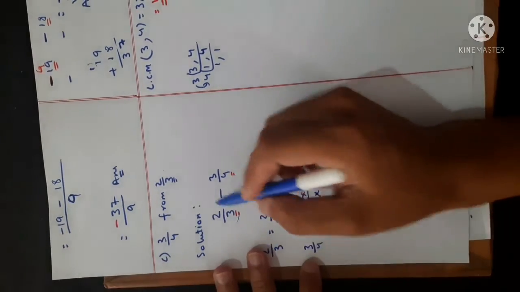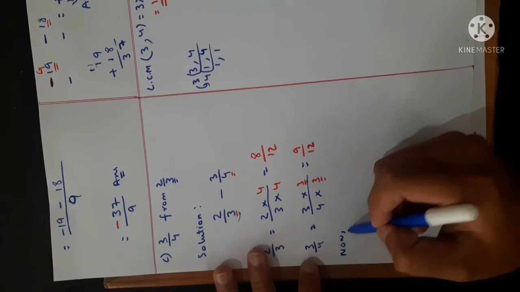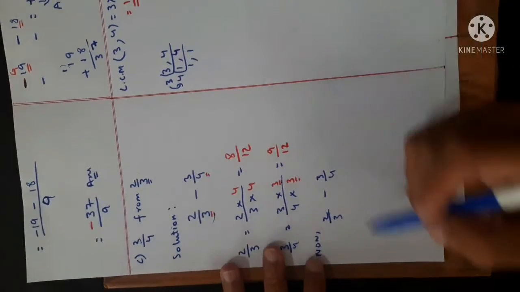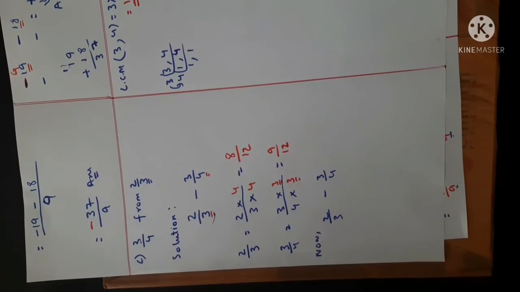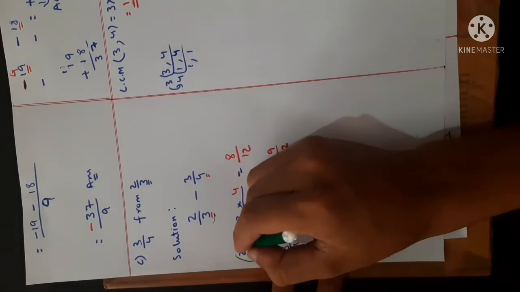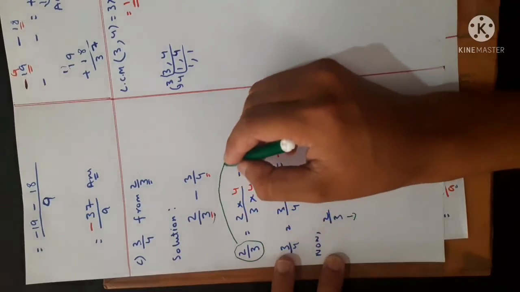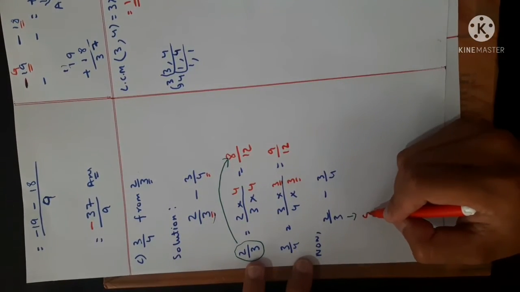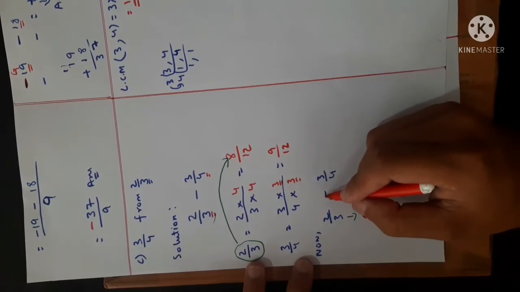So we just write this again. We write now 2 by 3 minus 3 by 4. In place of 2 by 3, we write its equivalent rational number, which is 8 by 12. This is a minus sign.